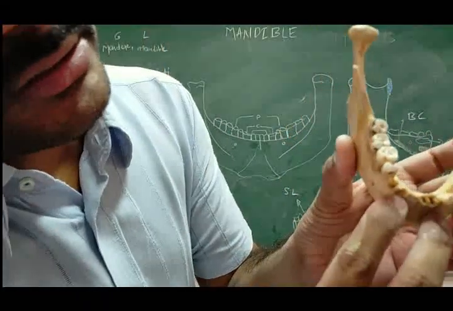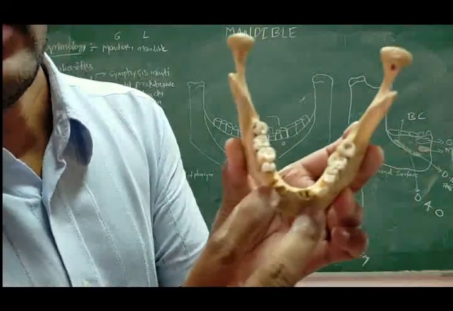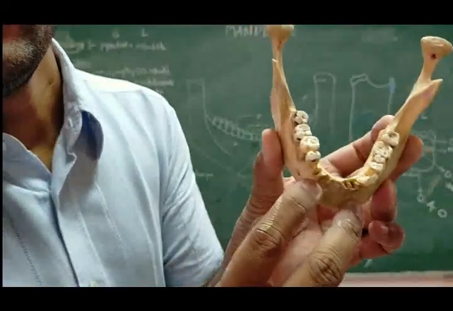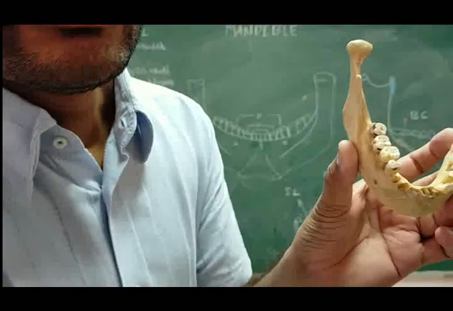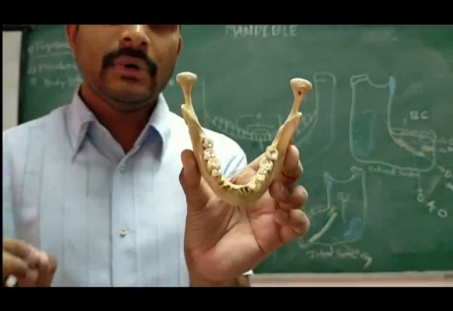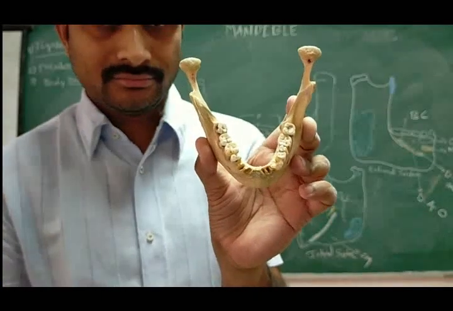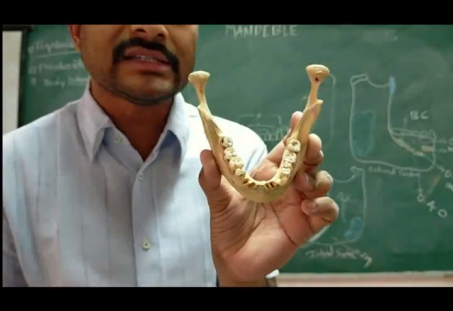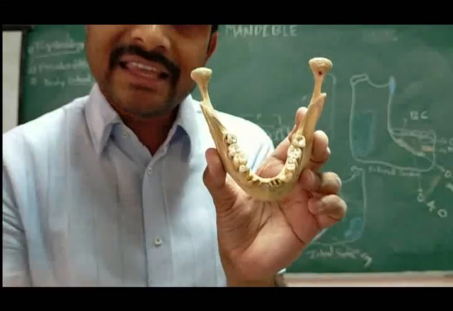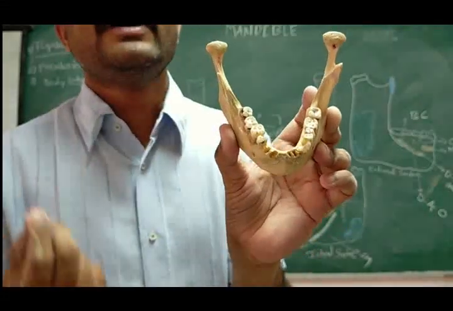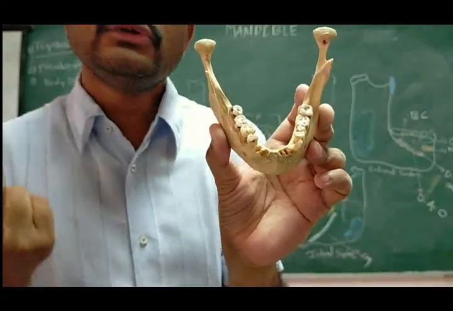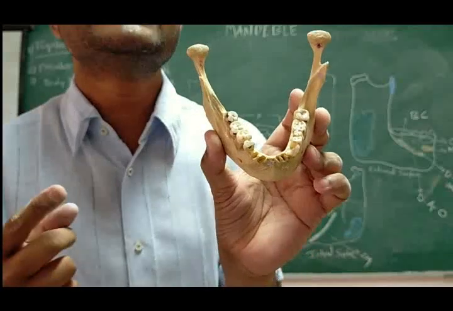See, these are the sockets. These are the sockets for the permanent teeth as well as the milk teeth. These sockets are single, or otherwise divided into two or three by septa.